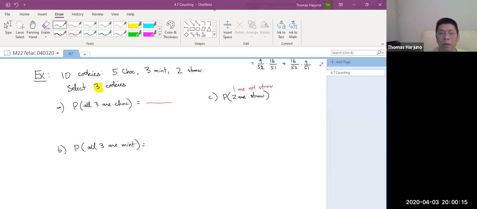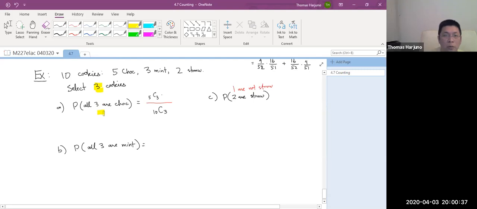The denominator, the coding is 10 combination 3. That's right, because we have 10 cookies to choose from, and we need to choose 3. Now, how about the numerator? 3 chocolate cookies. That will be 5 combination 3 times... So 5 chocolates and 5 not chocolates, right?